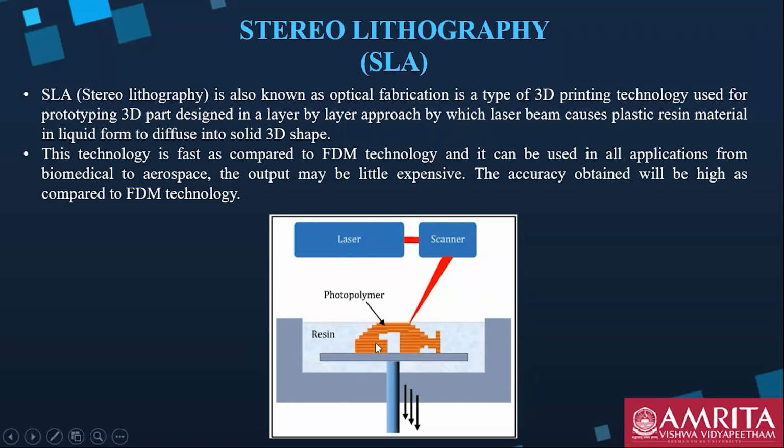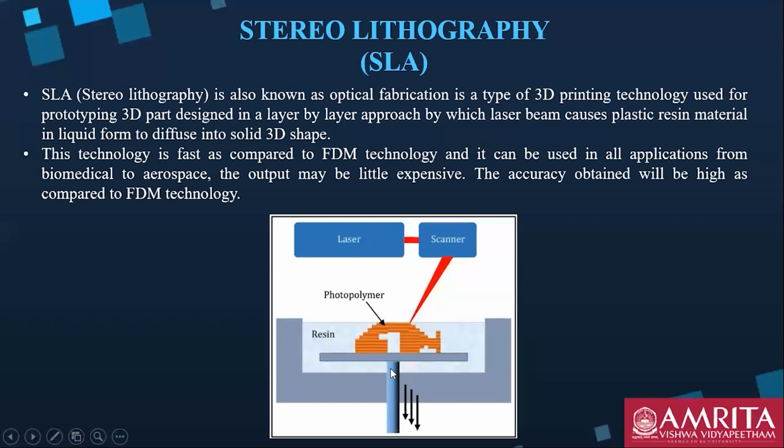That particular layer gets hardened, and the rest is liquid. Only the location where the laser is traveling gets hardened. This works on a bed that moves down layer by layer. As each layer gets deposited, this piston bed you see over here moves downward.